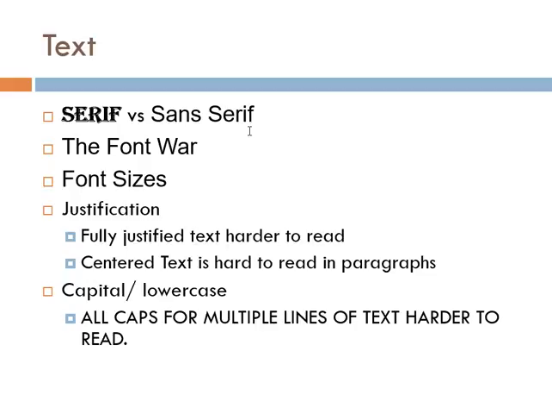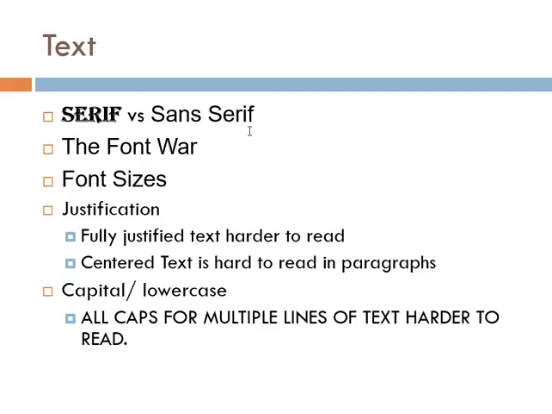I would encourage you to not use fully justified text, meaning text that has a hard left and a hard right edge. You really would be better off with ragged text. So you have a left justified edge, and then your right margin is more jagged. Centered is fine for titles. You don't want to use centered text in paragraphs. It's hard to read centered text in paragraphs.